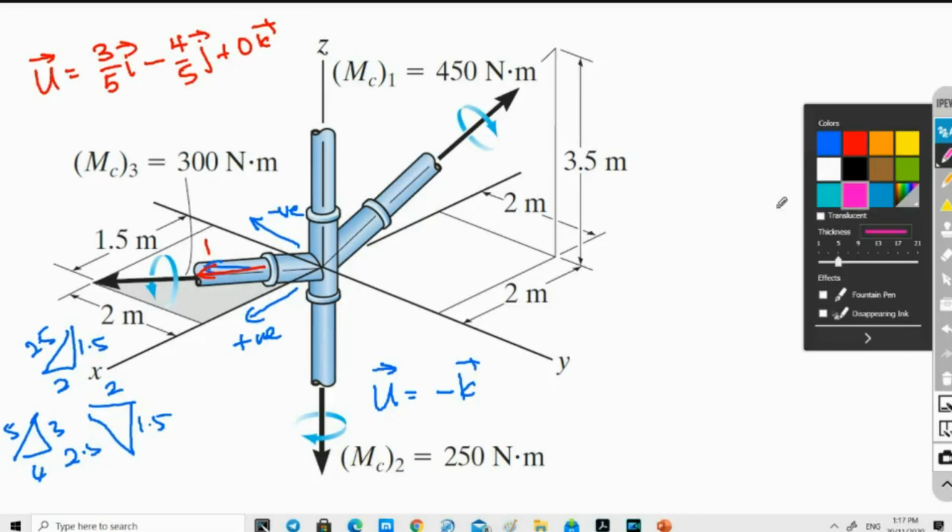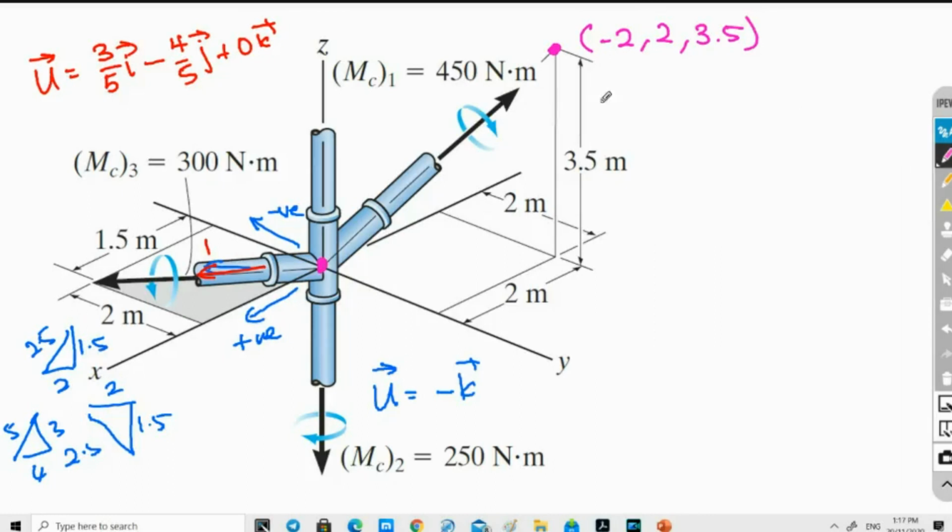This one, a way that you can do is make this a coordinate, for example. What is this? Negative 2, 2, 3.5. If this is the coordinate, and this is of course 0, 0, 0, from here you can get the position vector, the magnitude of r, and then the unit vector.